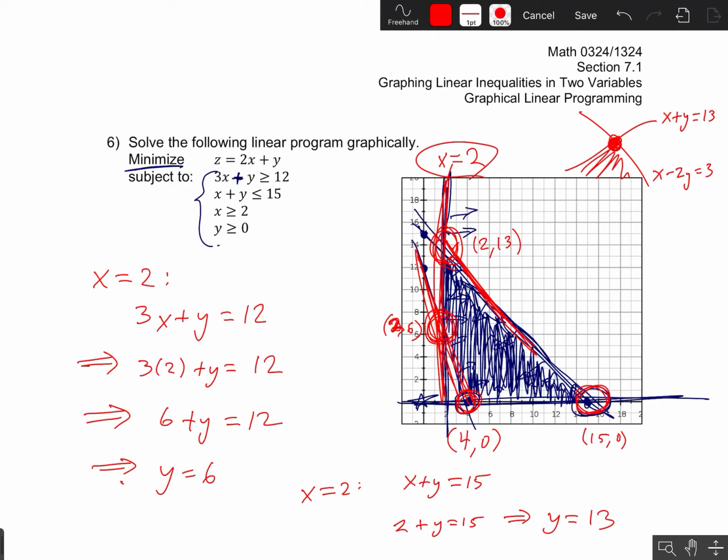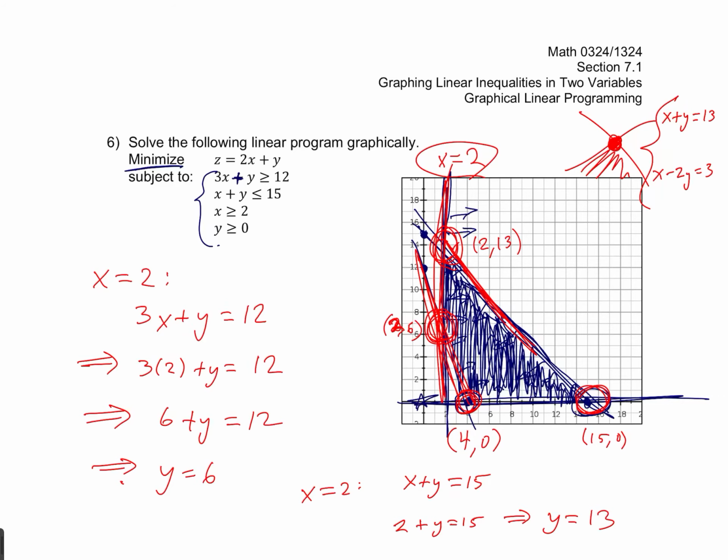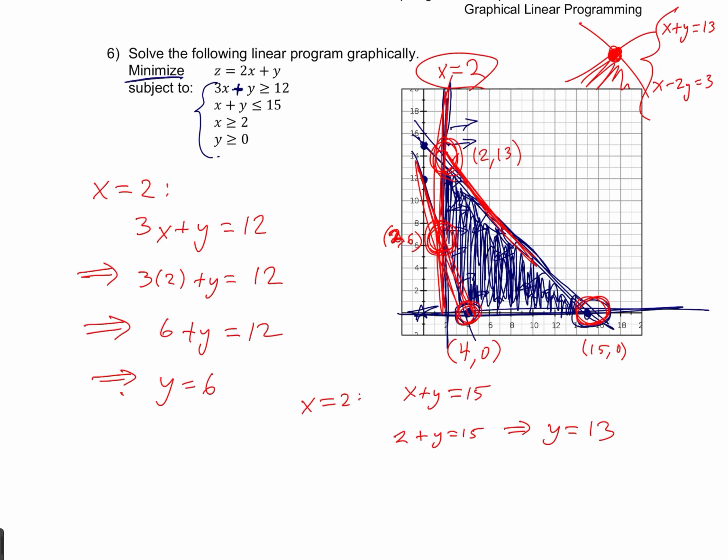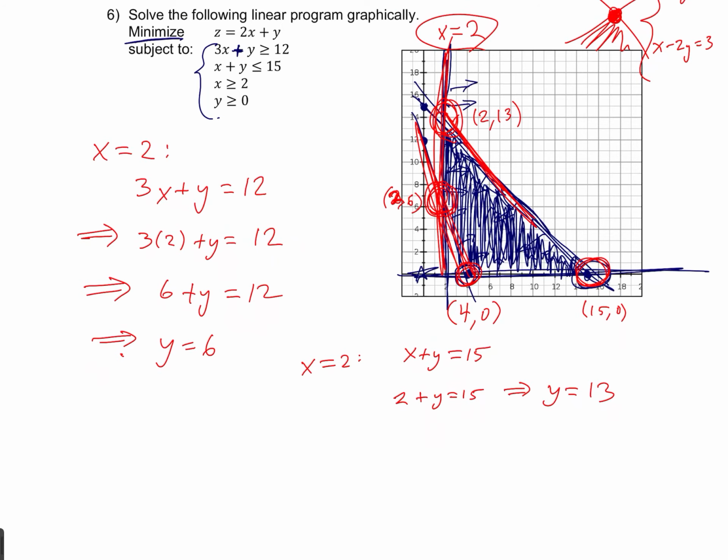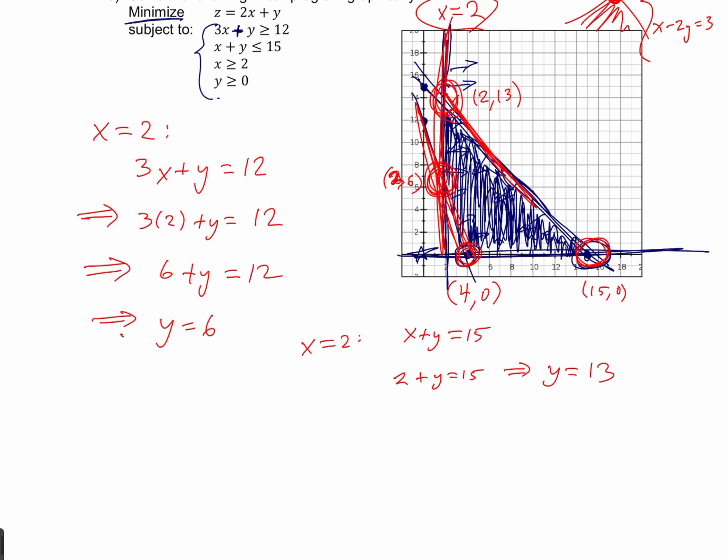Say you have these 2 lines and you wanted to know the corner point at their intersection. You could find it by solving this system of equations. It would give you an x value and a y value that simultaneously satisfy both equations, and therefore it would be a point that lives on both lines. That's what we can do in general in more complicated situations. However, in this particular case, one of our boundary lines was just x equals 2, which immediately gives us the x-coordinate. But we can do this more generally.